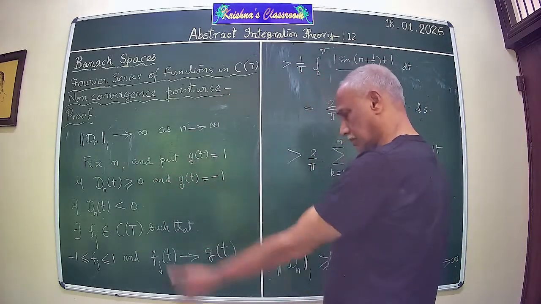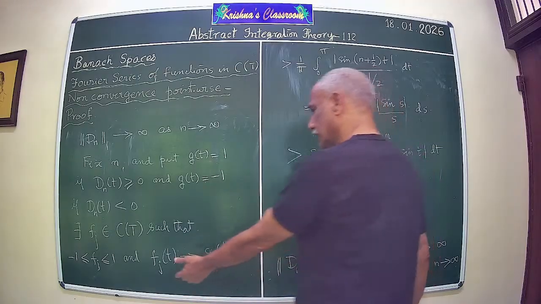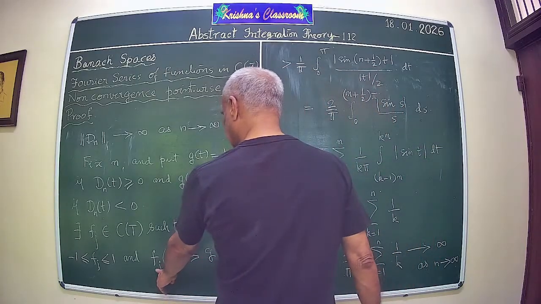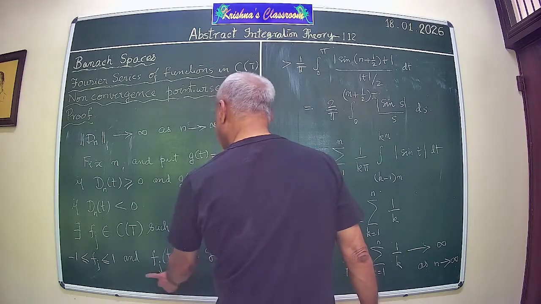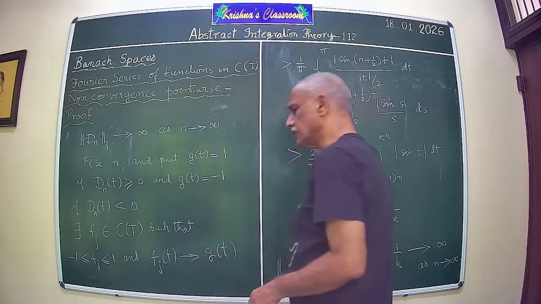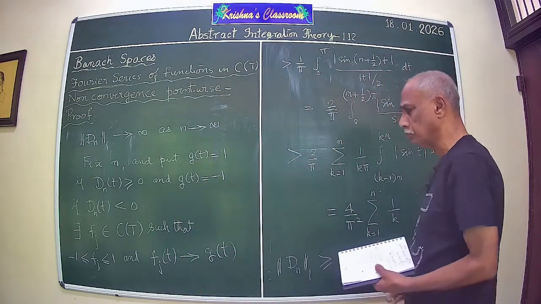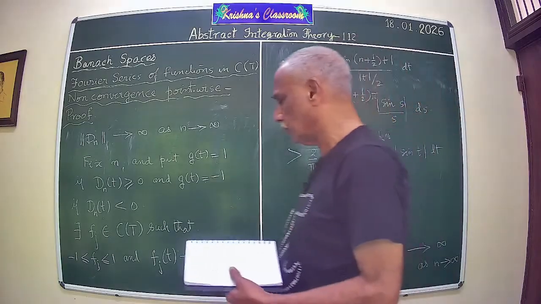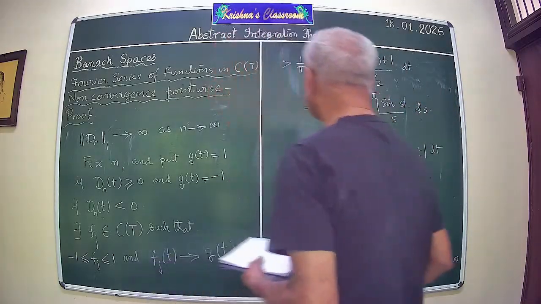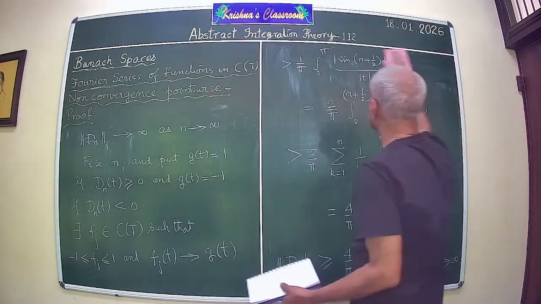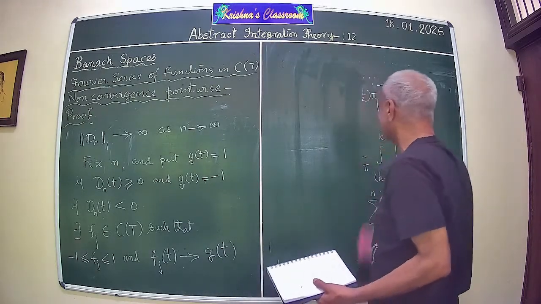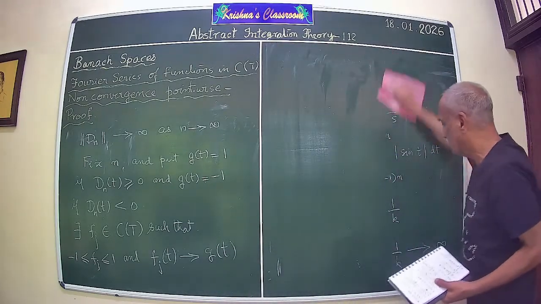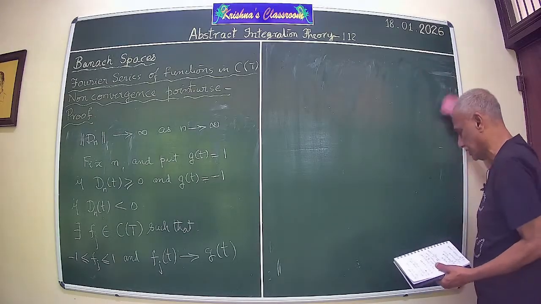This is approximated by the functions in C_T, which are continuous functions. We make use of that and use this possibility of f_j(t) going to g(t). So we have now a sequence f_j.